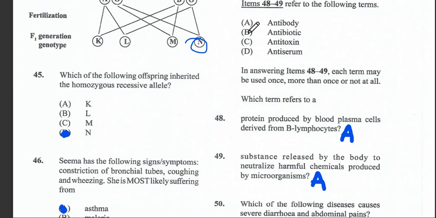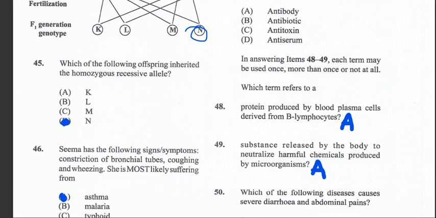So the lymphocyte is where it is derived from, the antibody. Number 49 would be the substance released by the body to neutralize harmful chemical produced by microorganisms. So therefore we are also talking about the antibody as well. Alright, so these two would be A and A.